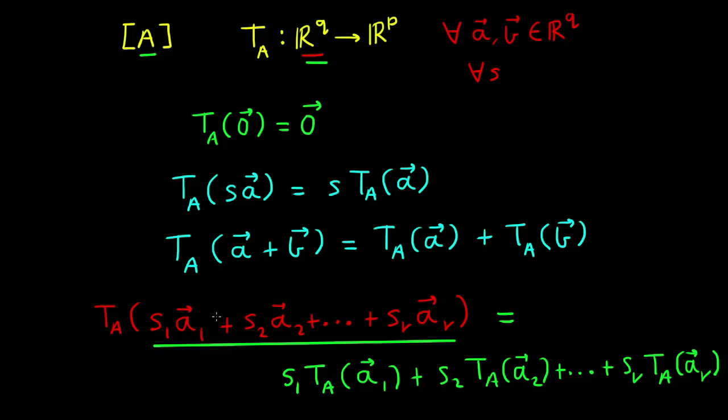So linear combinations of vectors in RQ get mapped into corresponding linear combinations in RP.